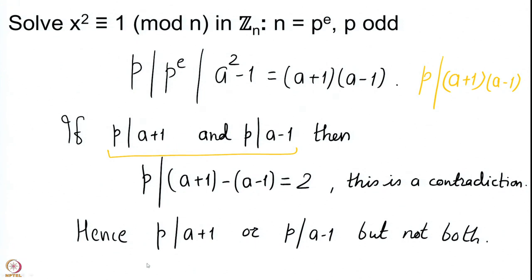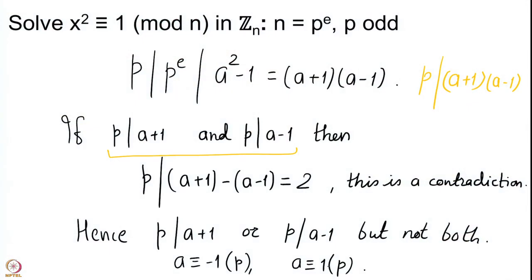And this already tells us that the first case is that a is congruent to minus 1 modulo p, and the second case says that a is congruent to 1 modulo p. So, there are precisely two cases in the case of p being an odd prime, that the solutions to x square congruent to 1 in Z mod p power e will have to be just 1 or minus 1.